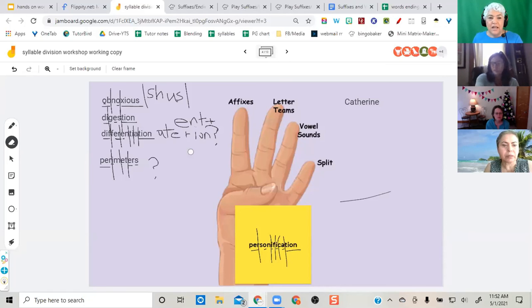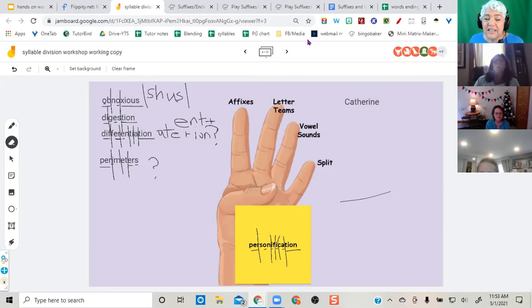How about in differentiation? Catherine, you marked the various affixes as ent and then ate and then shun or ION. But if our students aren't fully aware of the ent and the ate and the ION, would they be able to get to the pronunciation of the word?